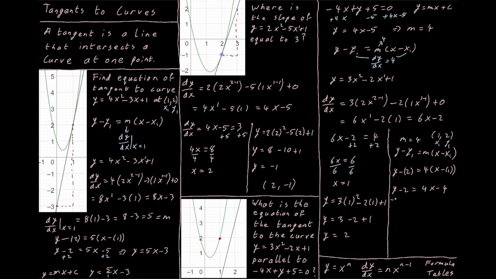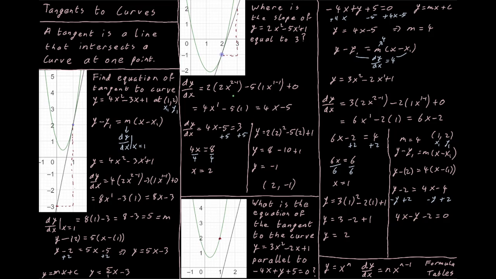So I'm going to minus y and add 2. And the equation of my line would end up being 4x minus y minus 2 is equal to 0. And that is how we can get the equation of our tangent to our curve.